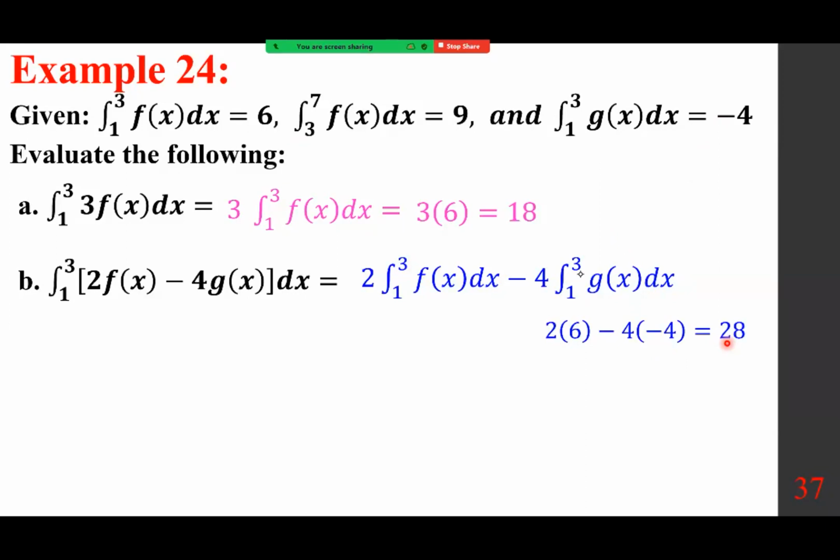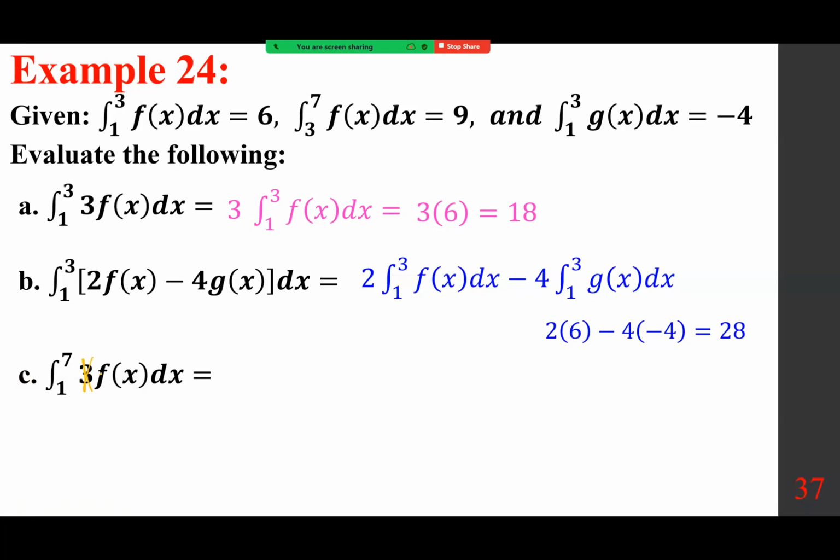The key is here: 1 to 7. Well, we know 1 to 3 is given, and 3 to 7 is given. So we can say this. Actually, it's just f of x, not 3; we don't have it.